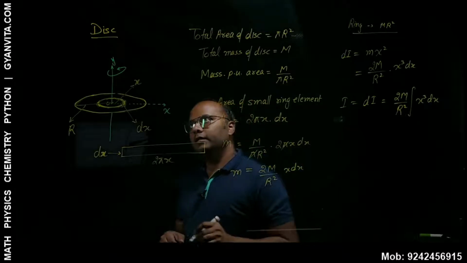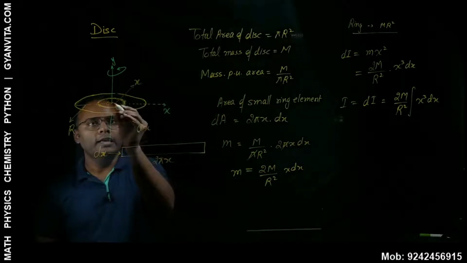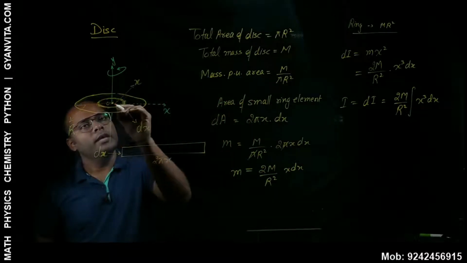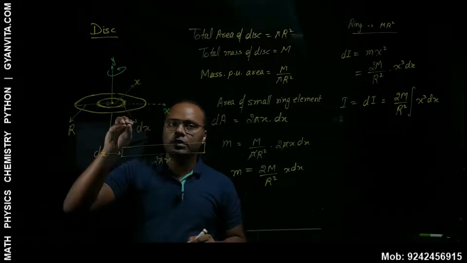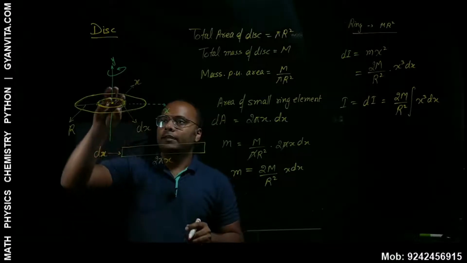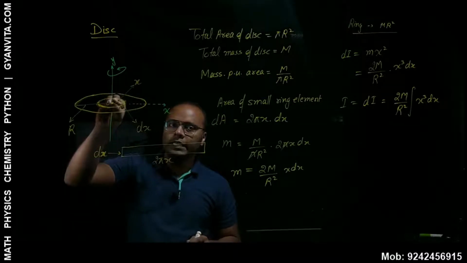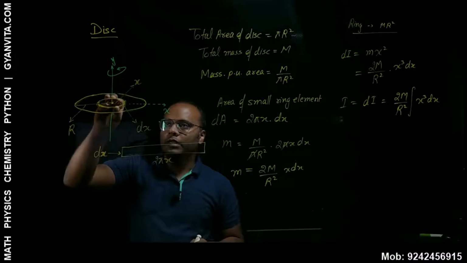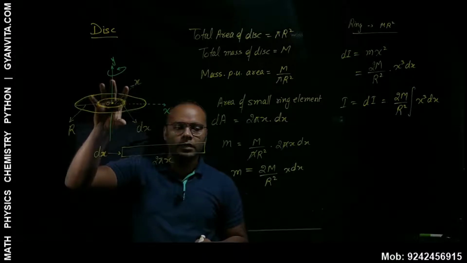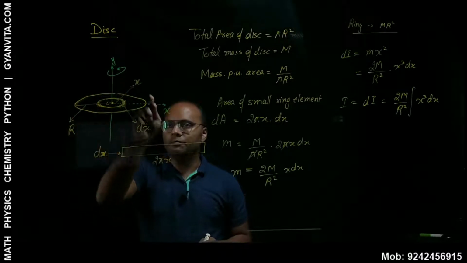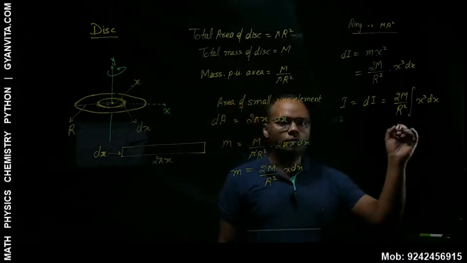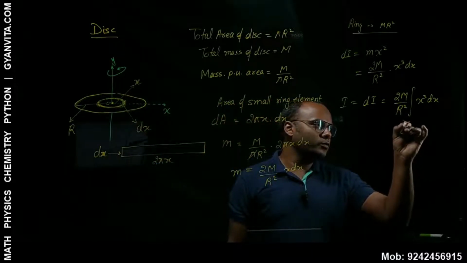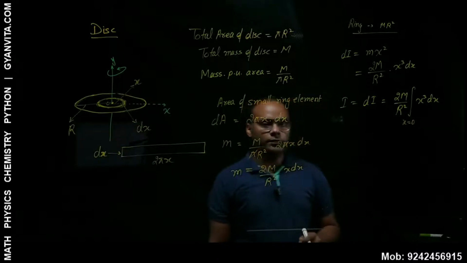This disk is actually made up of small rings whose radius, if it is the centermost, will be 0. Then x will keep on increasing, and ultimately its maximum value will be r. So here we write the limits of x, that is x equals to 0.